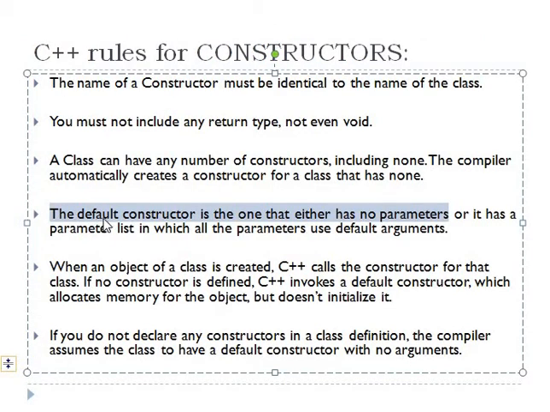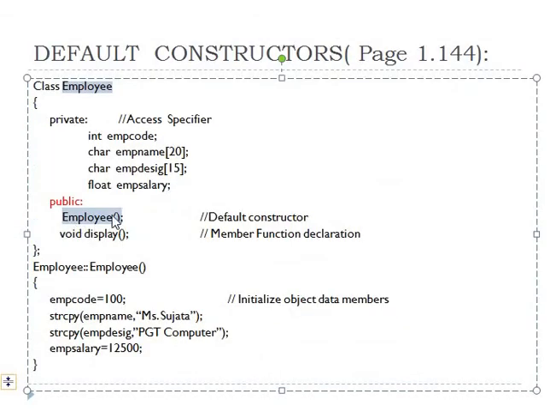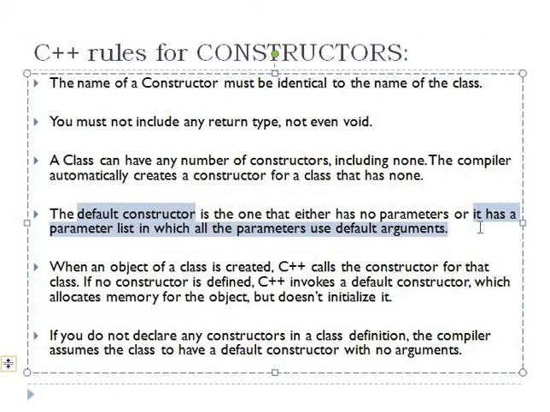As this has been clearly stated here, the default constructor is the one that either has no parameters, as it is in this case where this constructor employee has no parameters, or if it has a parameter list, then all the parameters should use default arguments. Now this is important.